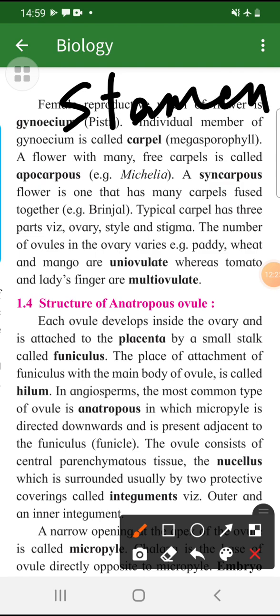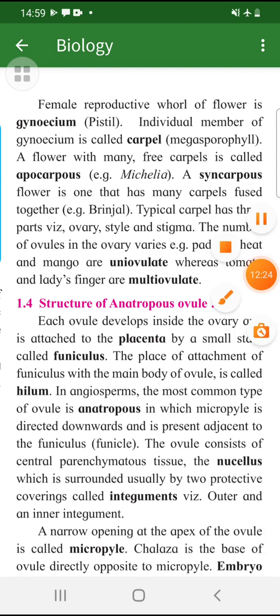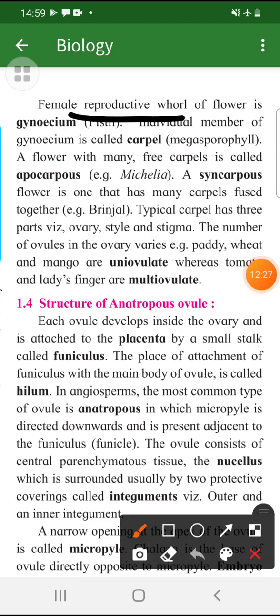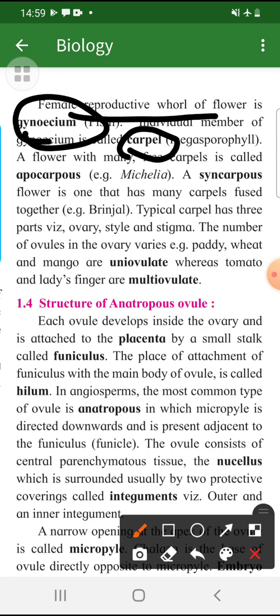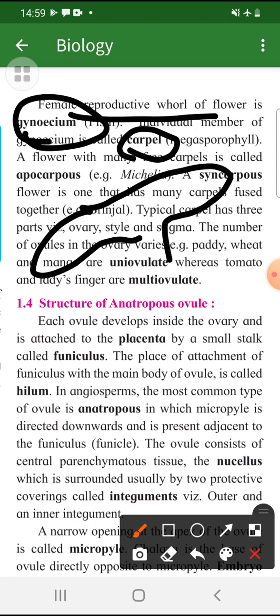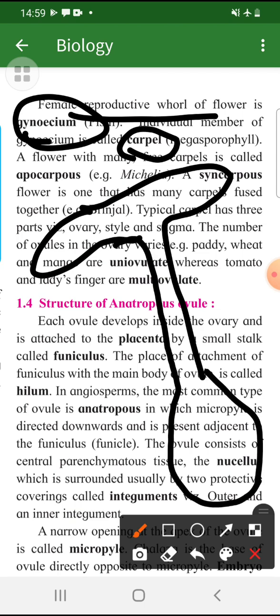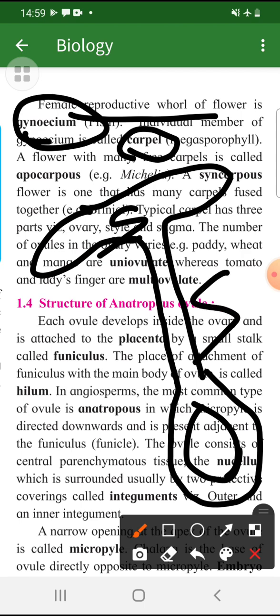But now we are talking about this next whorl, that is the female reproductive whorl, जिसको हम बोलते हैं gynoecium. इसके single unit को बोलते हैं carpel. Single unit का मतलब है आपका stigma, style and then the ovary, right? This is the stigma, this is the style and this is the ovary.